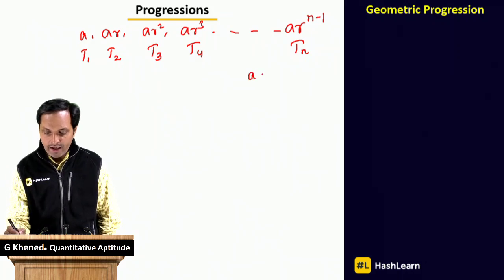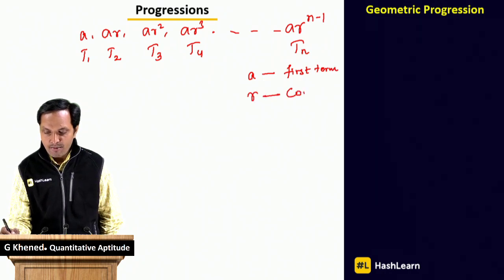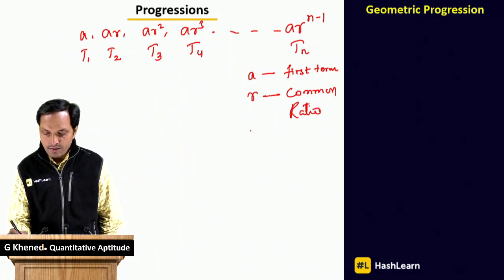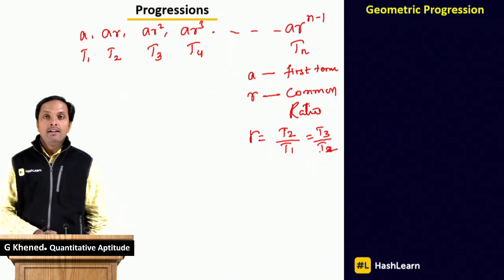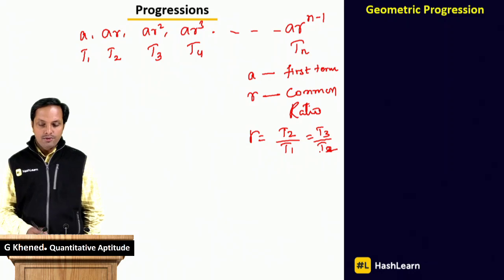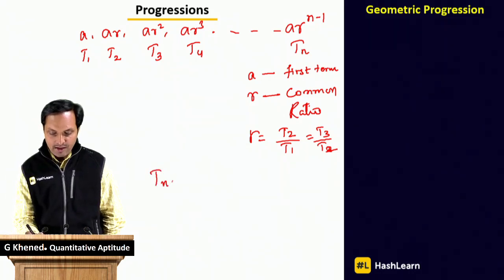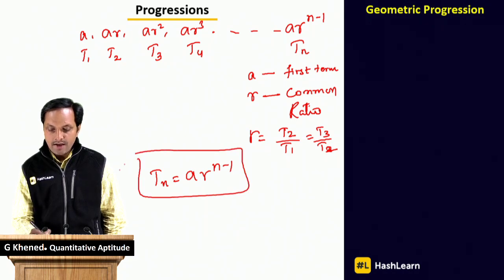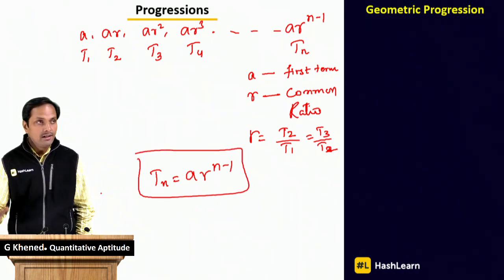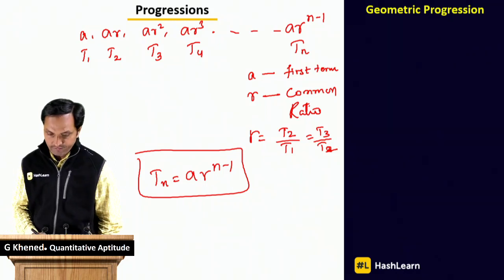What is a? The first term. What is r? It is the common ratio. So r is the ratio of a term to the previous term. Here you need to remember this formula, very important. ar power n minus 1 is the last term or general term or any term.